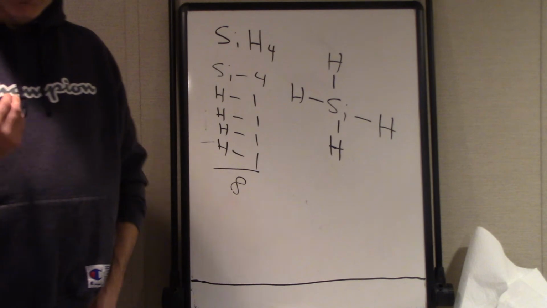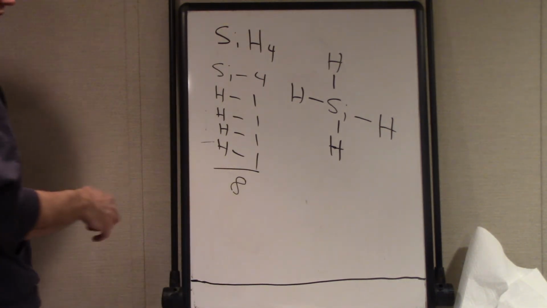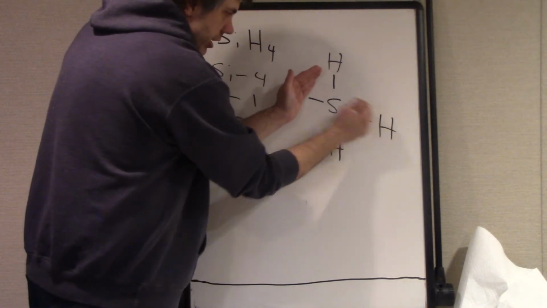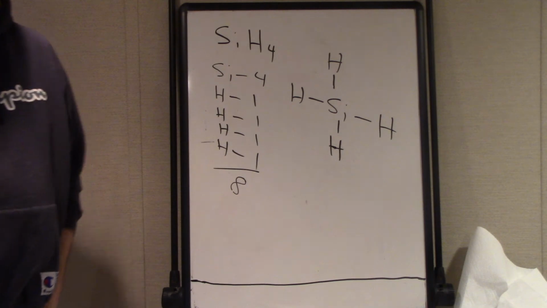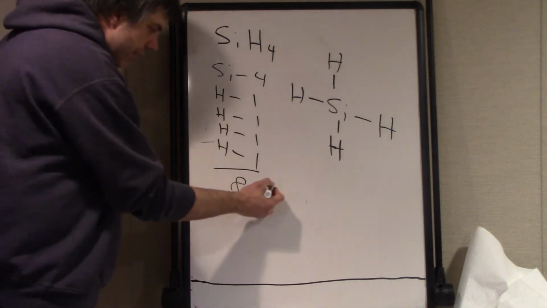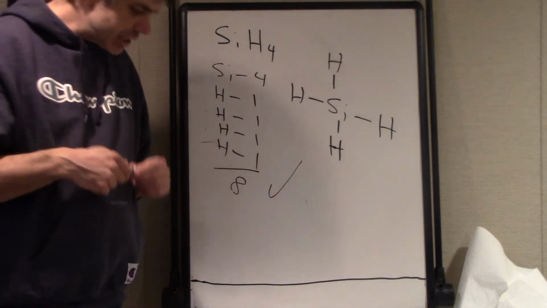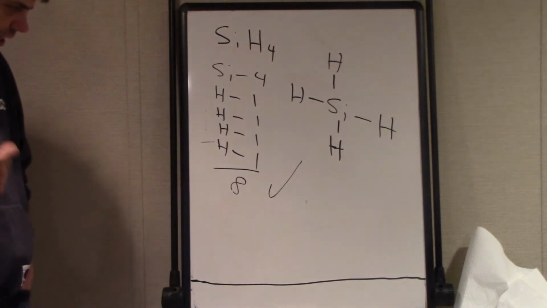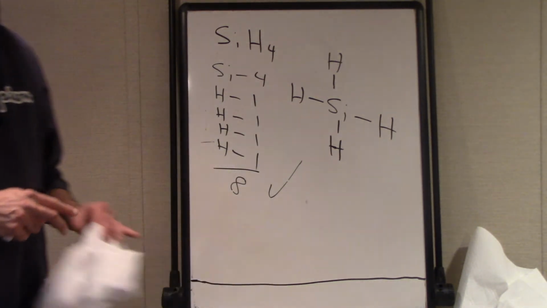But silicon needs to follow that octet rule. So I need to make sure silicon has its 8 electrons. So I look at silicon, 2, 4, 6, 8. Silicon has its 8 electrons. I have the correct total number. I'm satisfying the octet rule for those things that need the octet rule satisfied. This is going to be our correct structure for this.